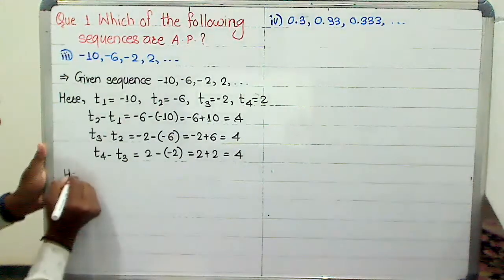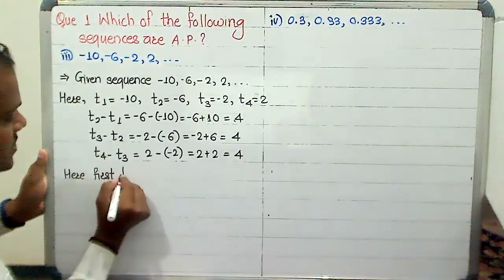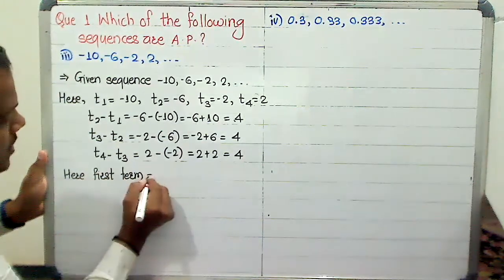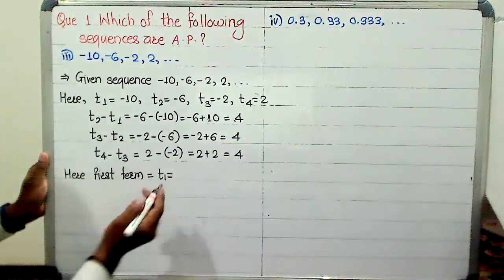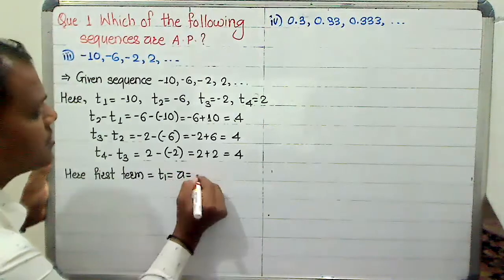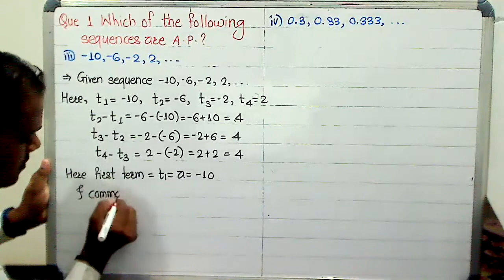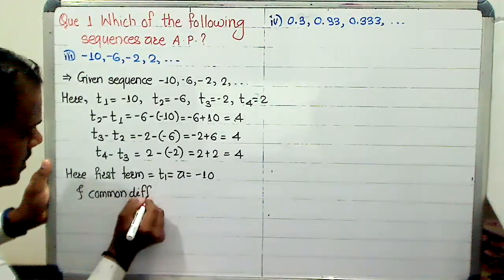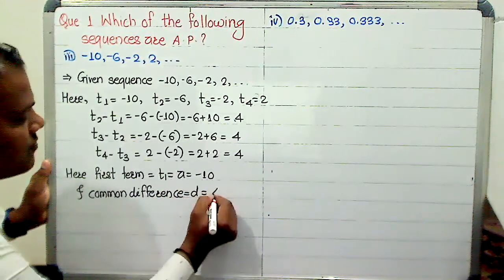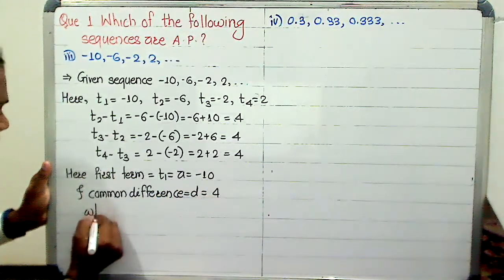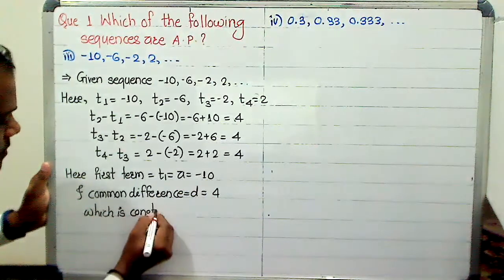So here first term is equals to T1, or directly you can write here T1 is equals to A is equals to minus 10, and common difference is equals to D is equals to 4, which is constant.